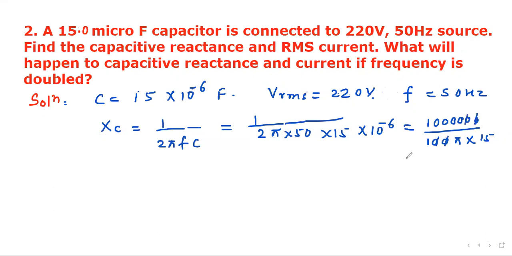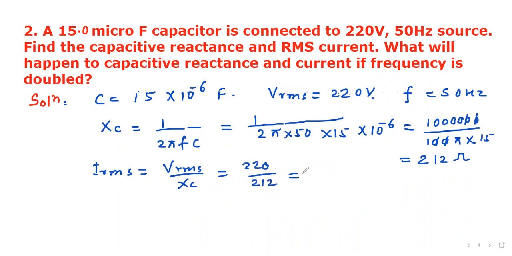If we simplify, we will get 212 ohm. Now IRMS will be equal to VRMS divided by Xc. VRMS is 220 divided by Xc is 212. So we will get 1.04 ampere. Now the peak value of current can be found by I0 equal to IRMS multiplied by root 2, so 1.04 multiplied by root 2.